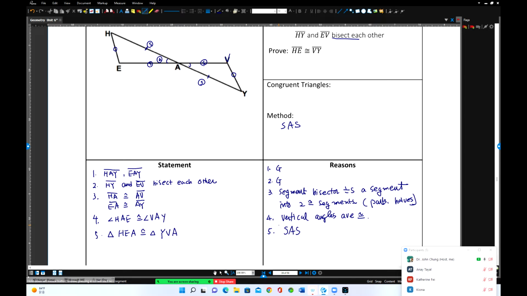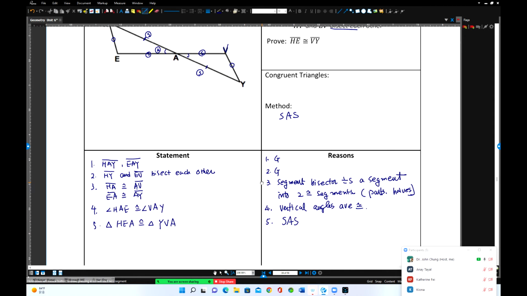After that, HE and BY are corresponding sides of congruent triangles. So finally we can say that HE congruent BY. The reason is just to write down CPCTC. That's all, okay?